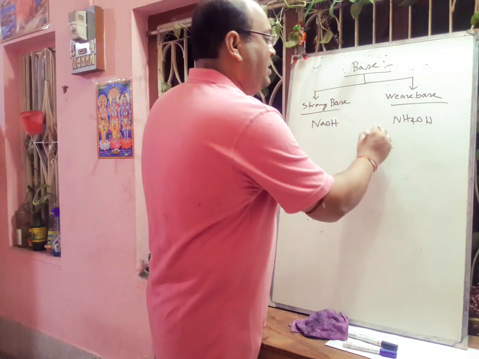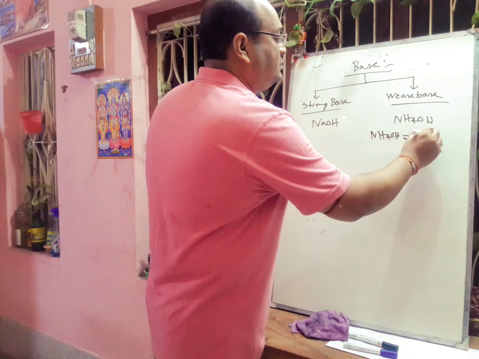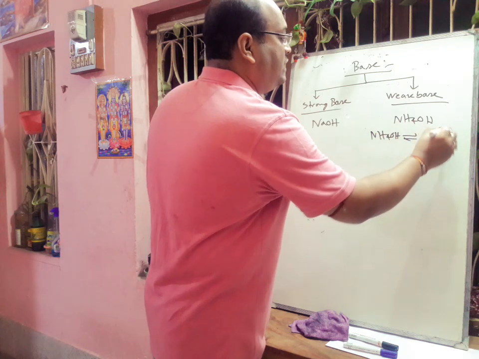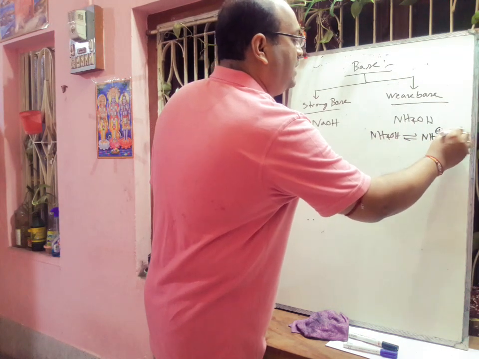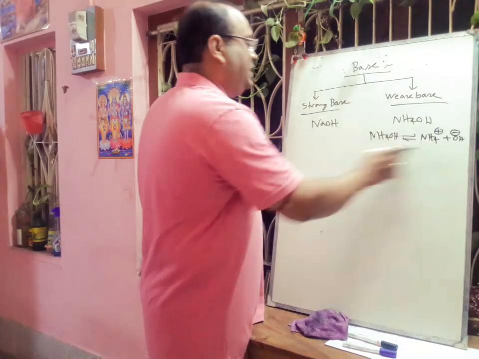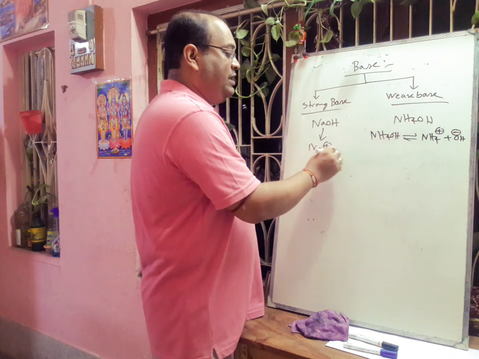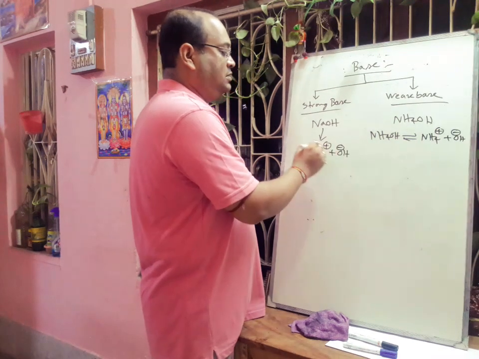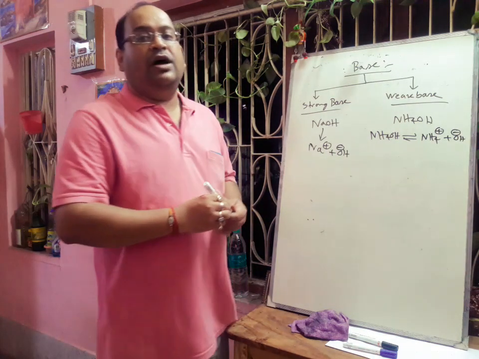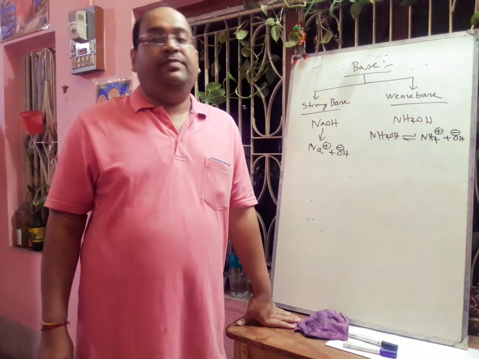In case of ammonium hydroxide solution, there will be the undissociated ammonium hydroxide as well as NH4 plus and OH minus, and in case of NaOH it will be completely dissociated to Na plus and OH minus. Okay, so now you can easily understand what is strong base and weak base.